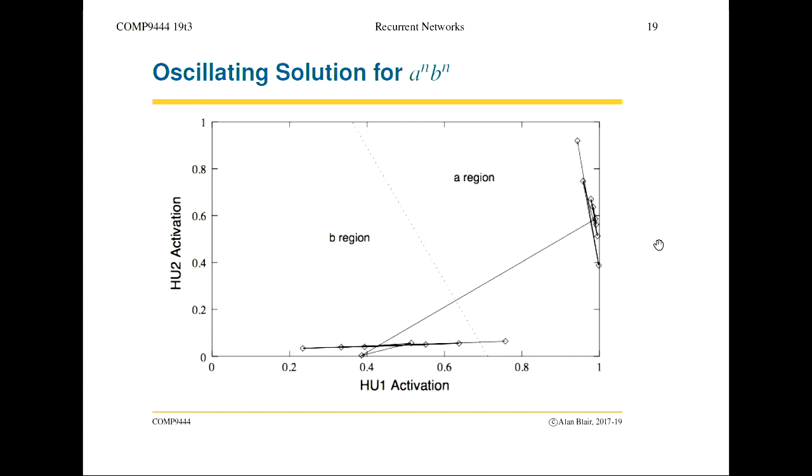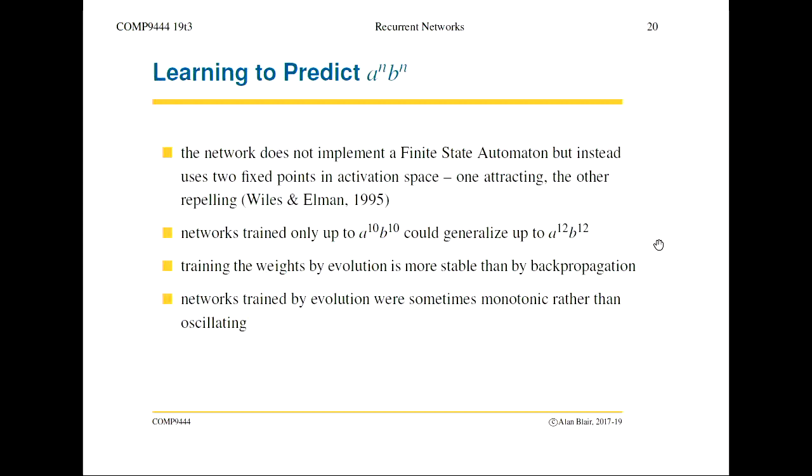So it only ever sees 10 consecutive A's while it's training, but when you test it on 12 A's, it makes a correct prediction, because it just oscillates a little bit closer to this point, and then it takes a little bit longer to oscillate away from this point. So it's interesting because it exhibits generalization beyond a finite state machine.